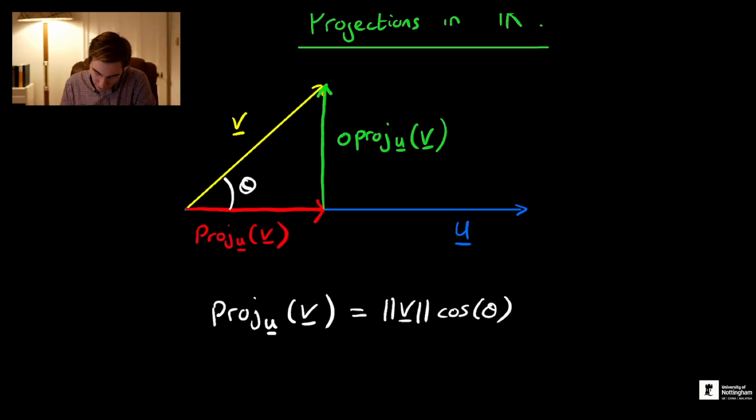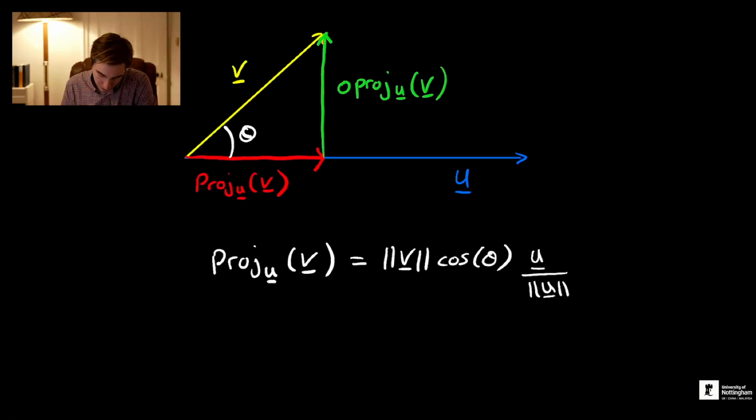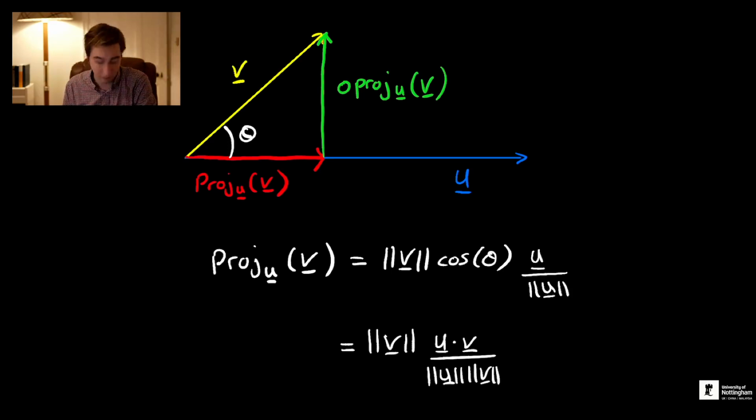In other words, the unit vector of u is given by u divided by its length, its norm. But we can write cosine of theta using the dot product. So we can write this as the norm of v times u dot v over the norm of u times the norm of v, because we know that from the definition of the scalar product, times u over the norm of u.